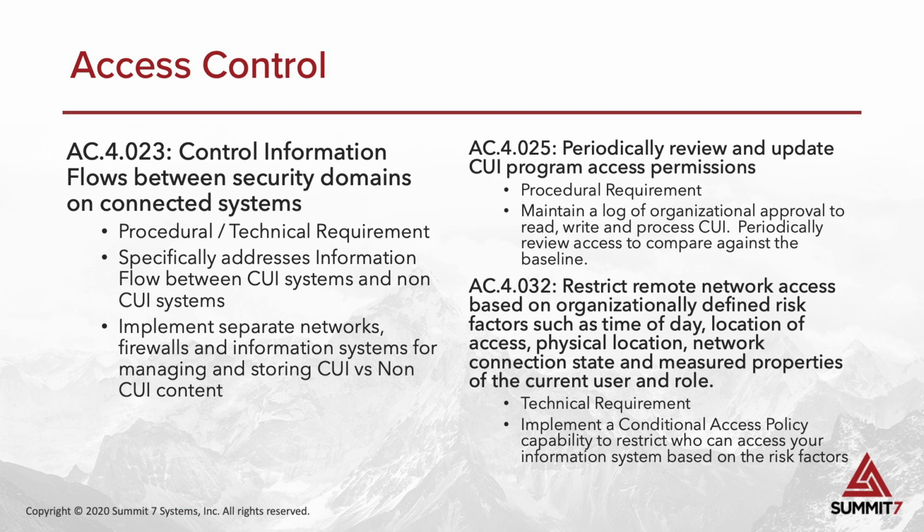With AC.4.025, periodically reviewing and updating CUI program access permissions, this is really about a specific procedural requirement. This is making sure that you maintain a log of everybody who has access to controlled unclassified information, who has the ability to read and write that content, and then making sure that you review that on a regular basis to ensure that your access control lists technically match up with your policy and the actual log that you have.